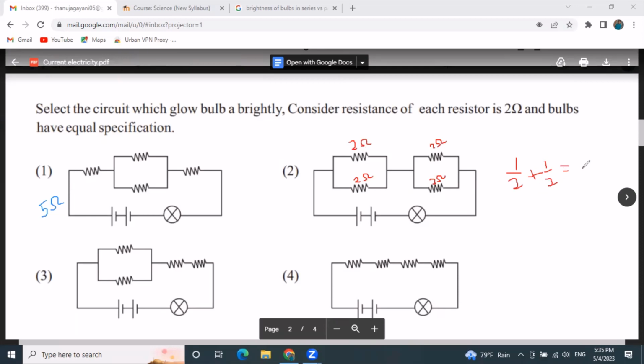Accordingly, half and half is equal to 1. Here also half and half is equal to 1. 1 plus 1 means 2 ohms. So the resistance of the second circuit is 2 ohm. Let's write it here and erase other things.